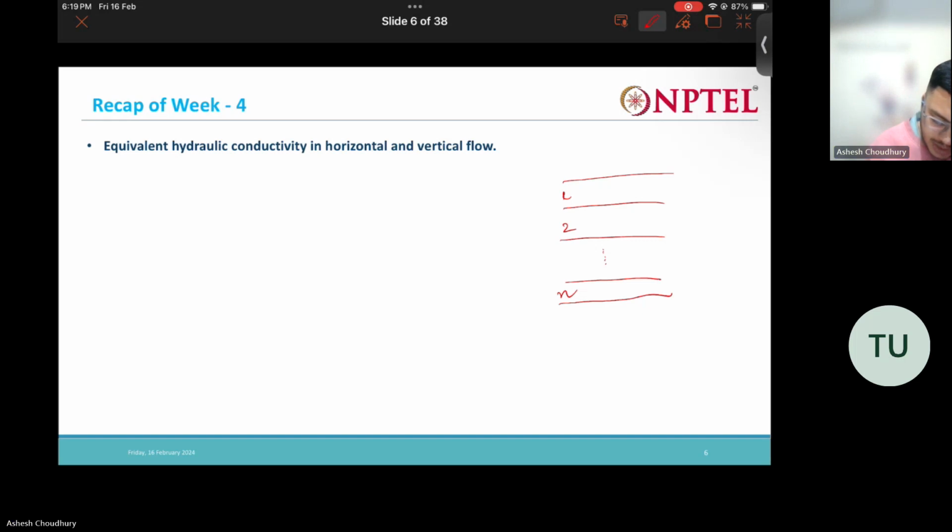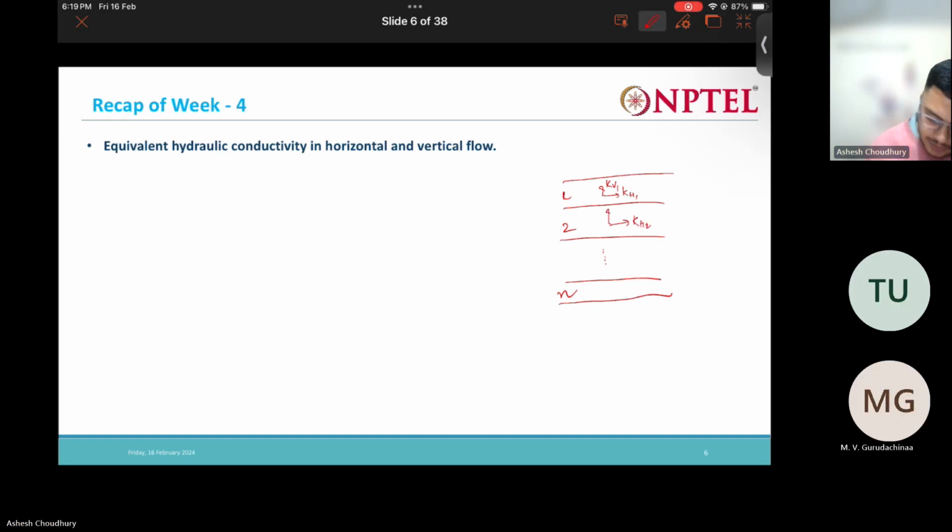Each layer has horizontal hydraulic conductivity of KH1 and KV1. Similarly, this will have KH2, KV2, up to KHN, KVN.